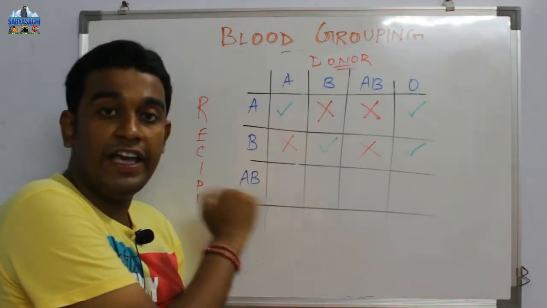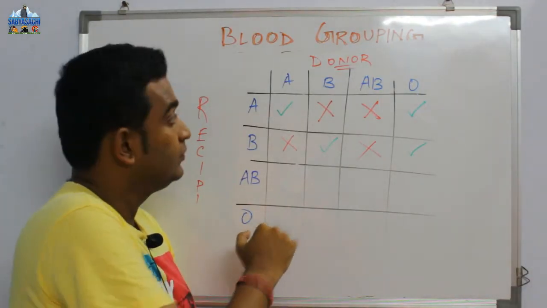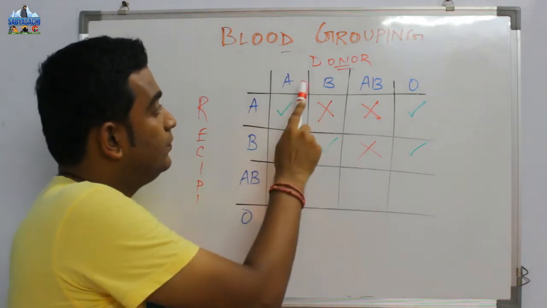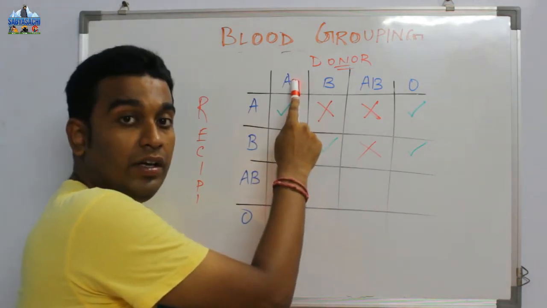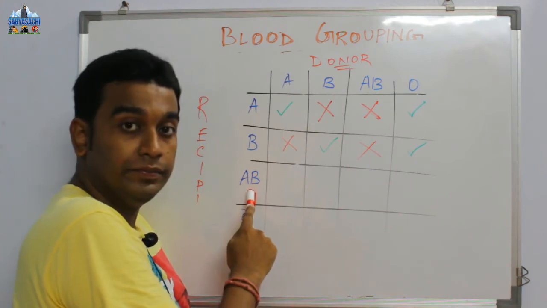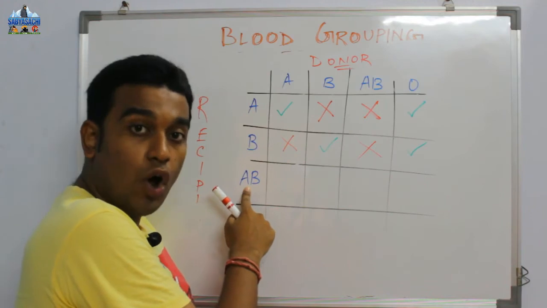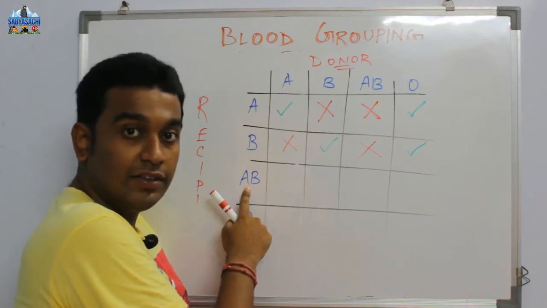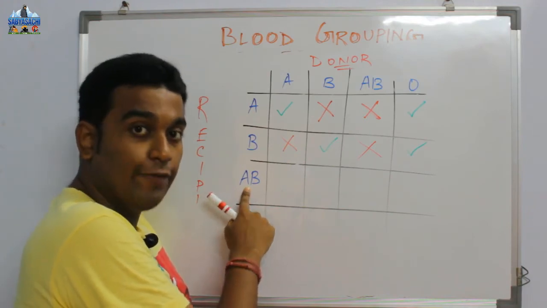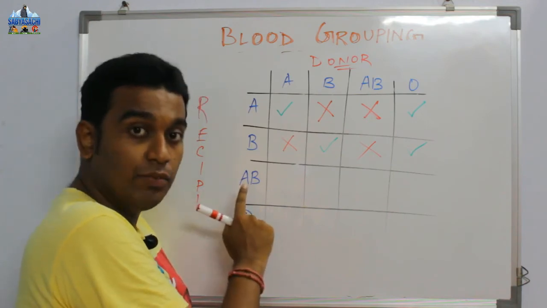Now if we take AB into consideration, A blood group will be giving blood to AB, right? Now AB, they do not have any antibodies. If you remember, they have both the antigens, but they don't have any antibodies.